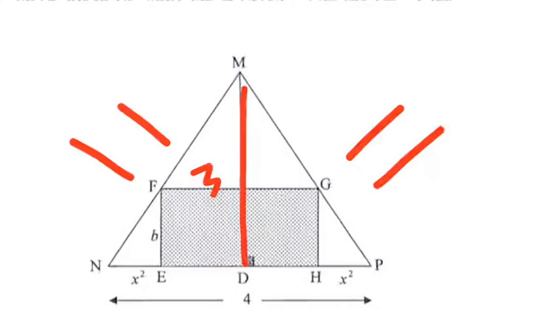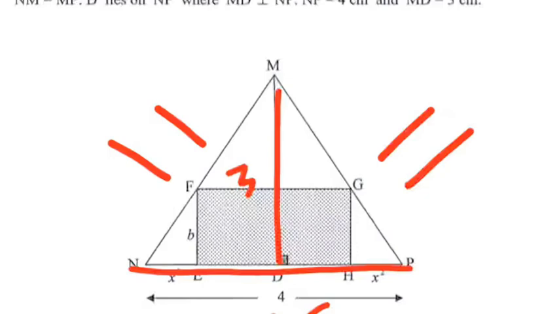NP is 4 centimeters, written across the whole of NP. And EF is denoted with b.